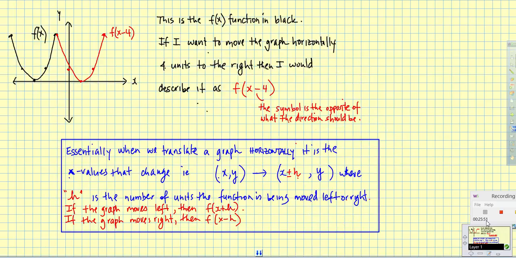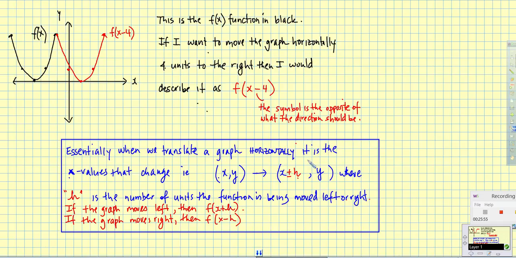All right. So again, this is the explanation that I have. This is very similar to what I had at the beginning of the lesson. If we look at the general equation, then when we're translating a graph horizontally, it's the x values that change, and the y values stay constant.